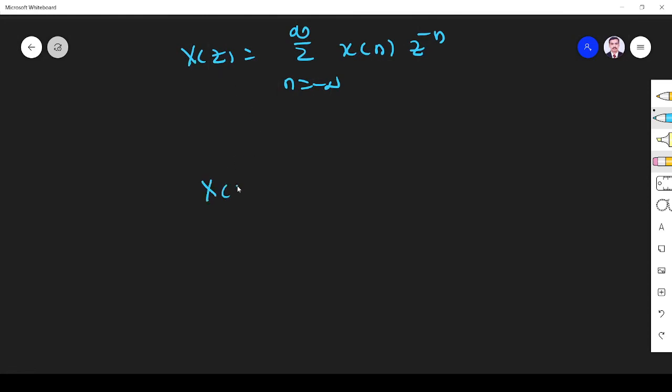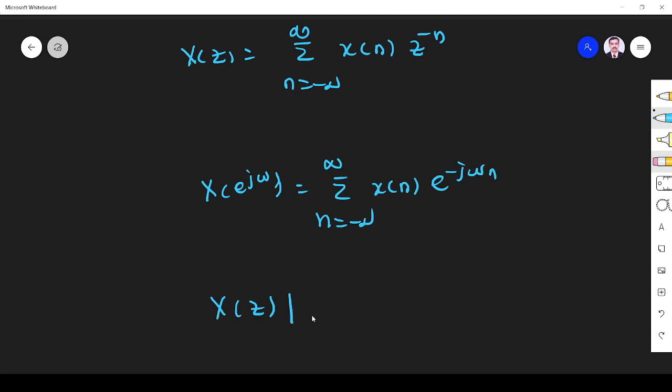The DTFT equation is this one. Compare both. You find the Z transform, replace z is equal to e power j omega, and what you get is the DTFT, right? So if you know only one transform and don't know the other, use only one transform and get the answer from that.